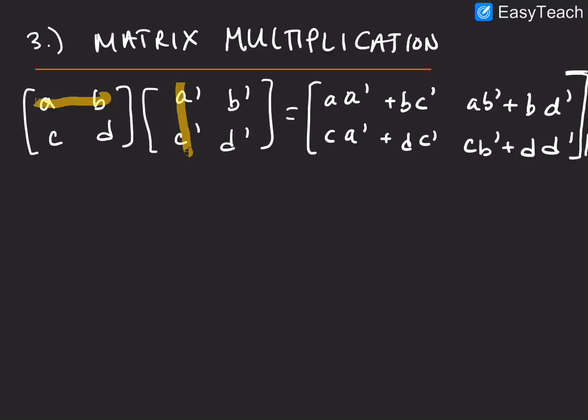So what we have to do is multiply A and A prime, and we add it to B times C prime.